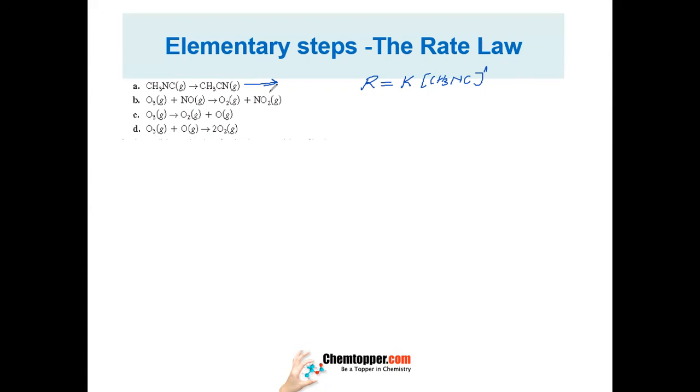I've seen that when I'm explaining this concept, students take it that whenever a reaction is given, you just take the coefficients of the balanced equation. No, it's only for the elementary steps. The simplest, which cannot be further simplified. The ultimate step, right?